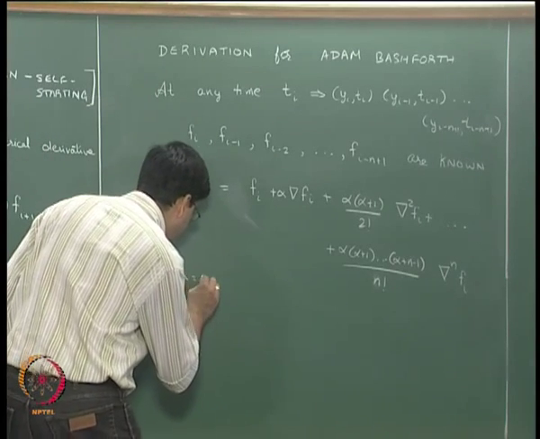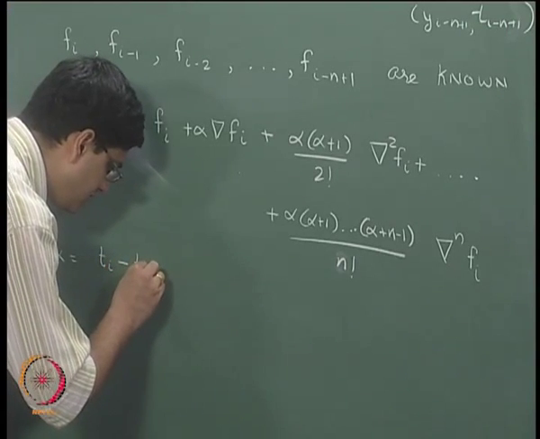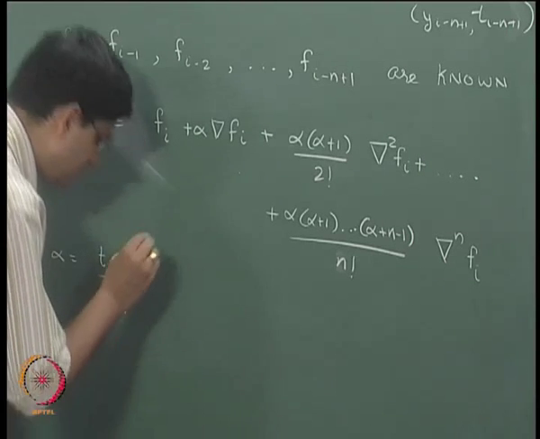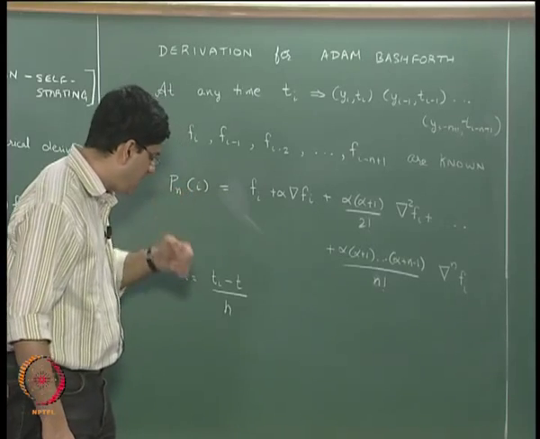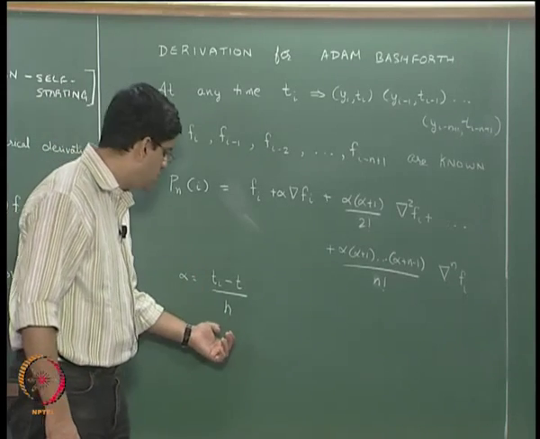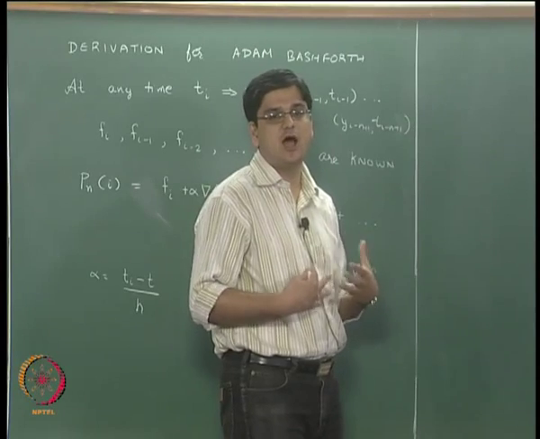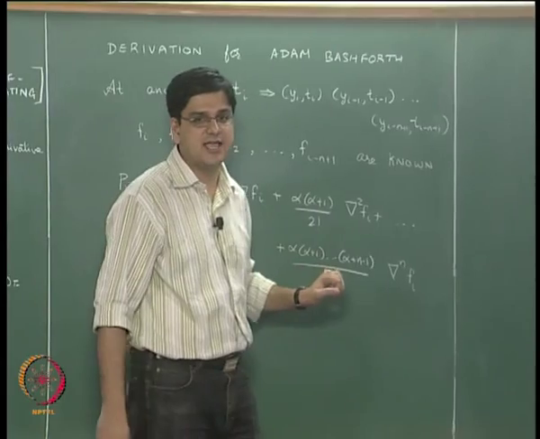Alpha at any time is (ti minus t) divided by h. Okay. So, at i alpha is going to be equal to 0, at i+1 alpha is going to be equal to minus 1. Given the data, let us assume that we have now fitted a polynomial to the past n points.